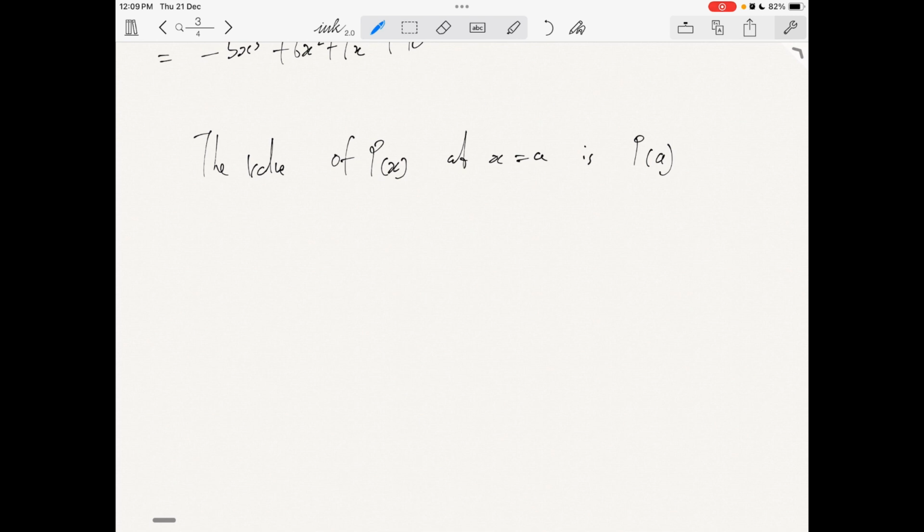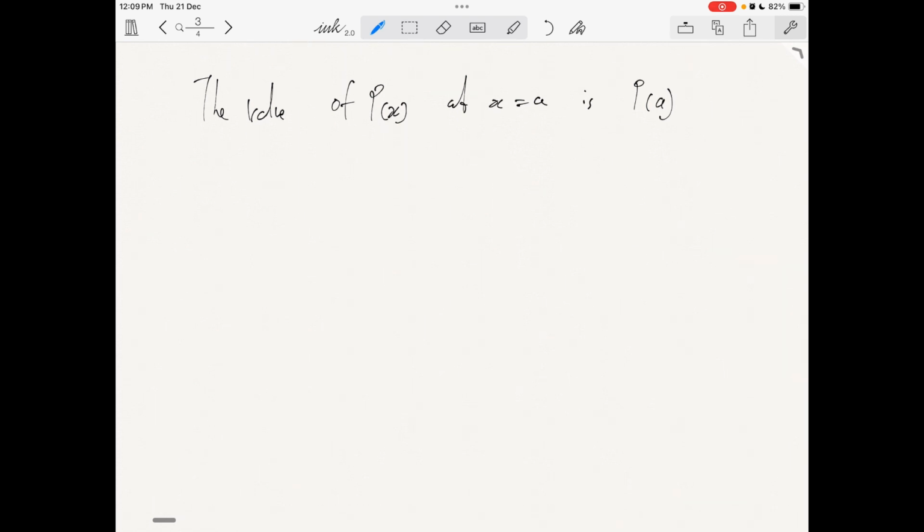Now let's take for instance we are given a polynomial p of x equal to 2x raised to the power 3 plus 5x squared minus 9x minus 18, and we should find a) p of 1 and b) p of 0.